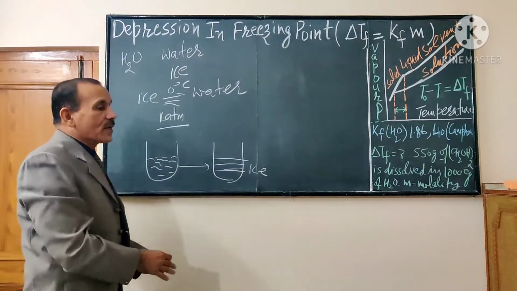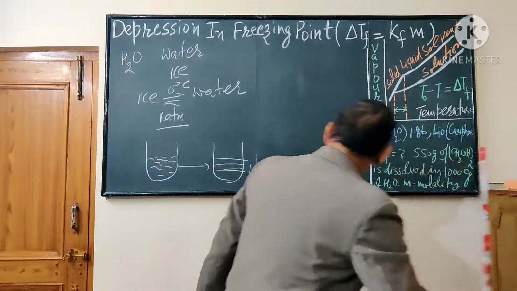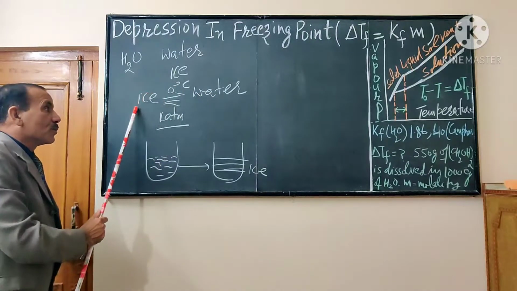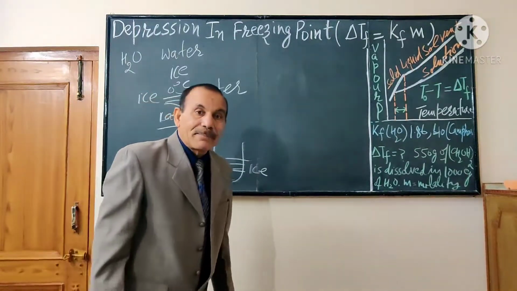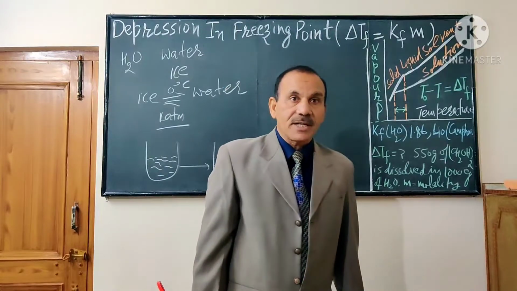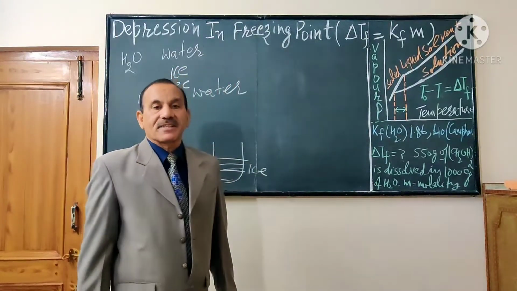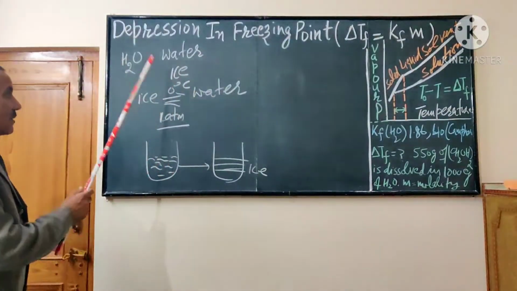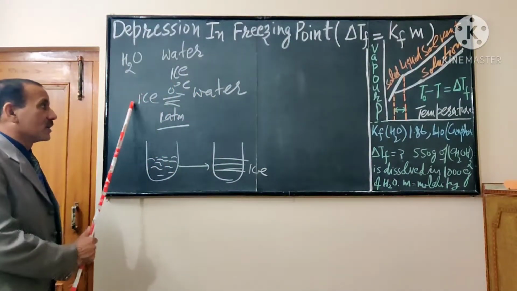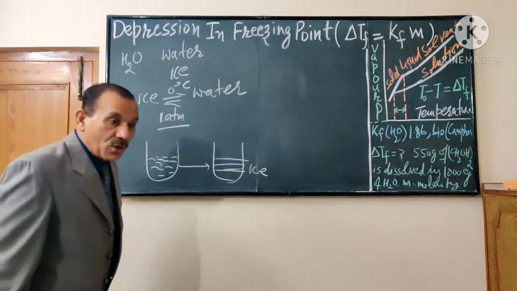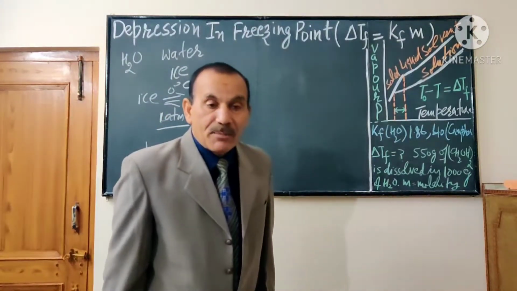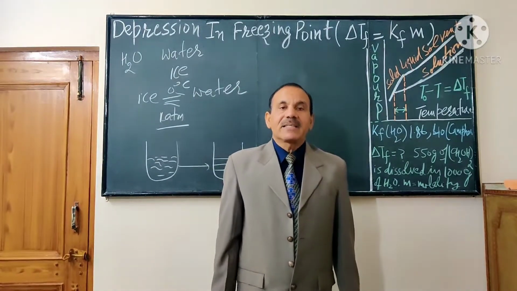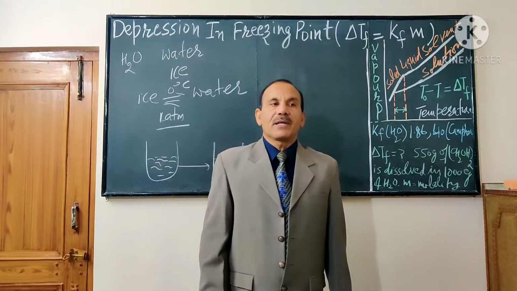So when we are moving from water to ice, meaning when we are freezing water, temperature decreases, right? And when temperature decreases, vapor pressure also decreases, and at 0 degrees C, the vapor pressure of ice and water is equal. Their chemical potential is equal. Their escaping tendency is equal. It is very, very important.